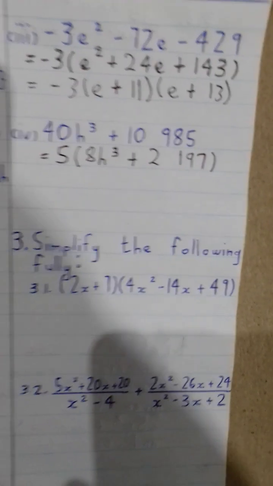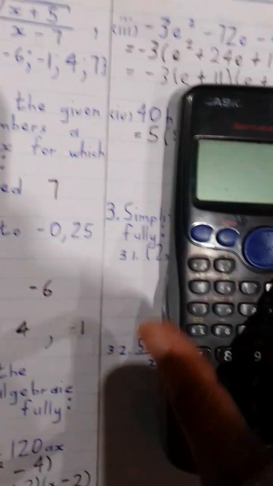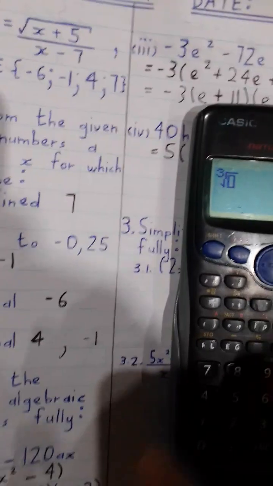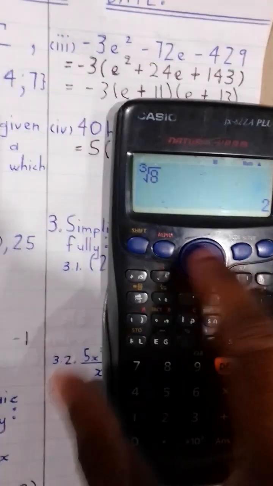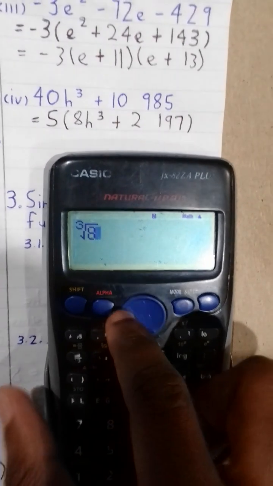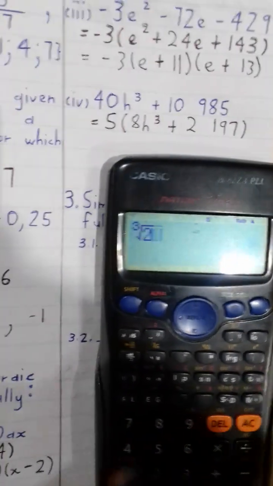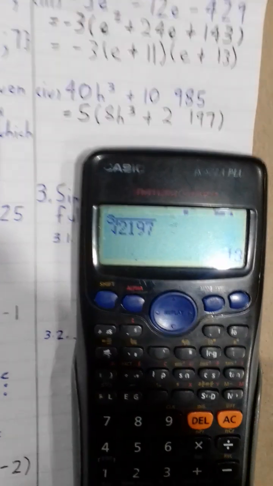So we know that 8 is a perfect cube, or you can prove it if you don't know it. The cube root of 8 is 2. The cube root of 2,197 is 13.